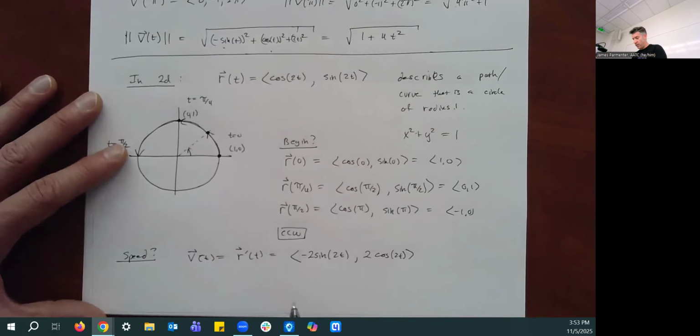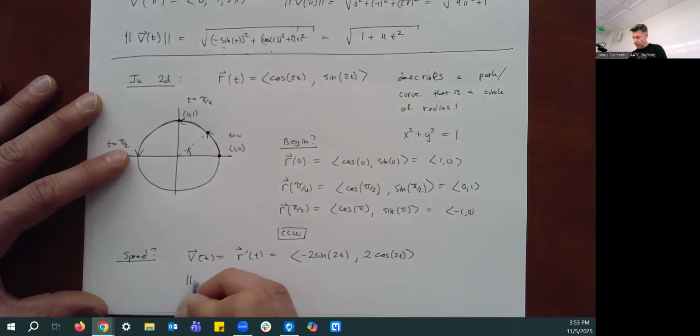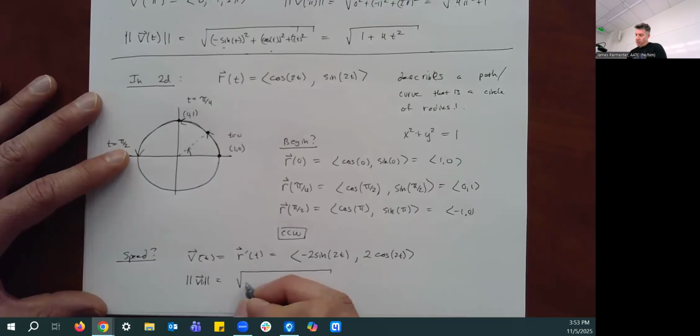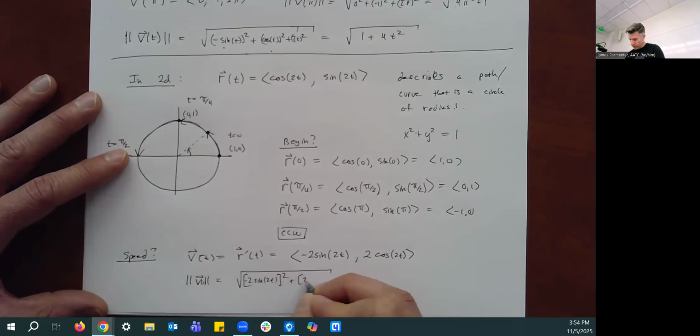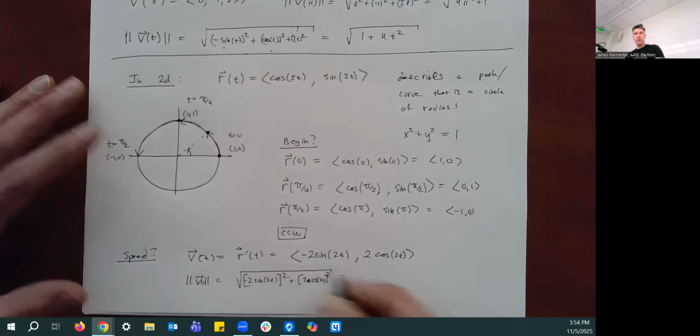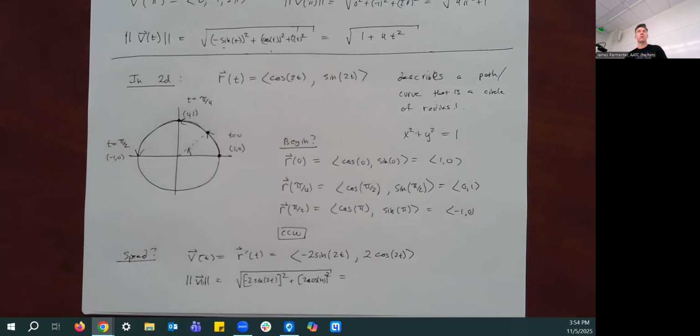And then if I take the magnitude of v of t, it is going to be the square root of (-2 sine of 2t) squared plus (2 cosine of 2t) squared, which is going to be 2.